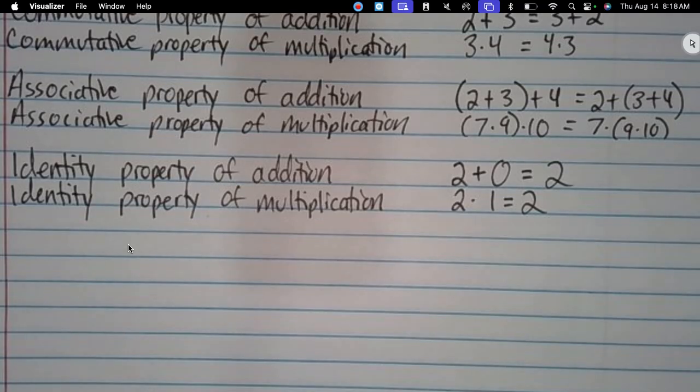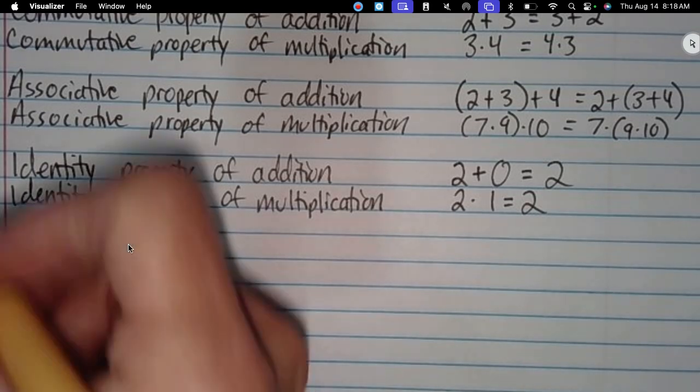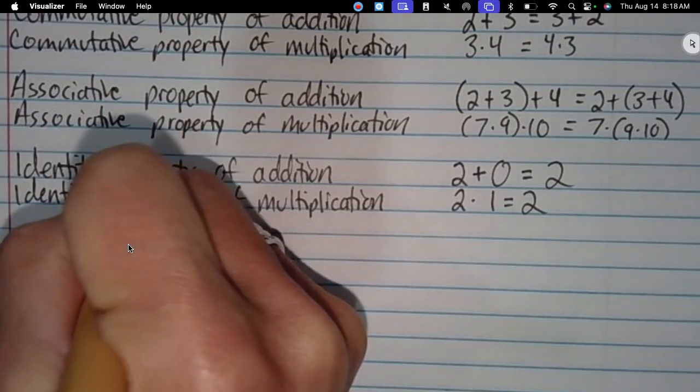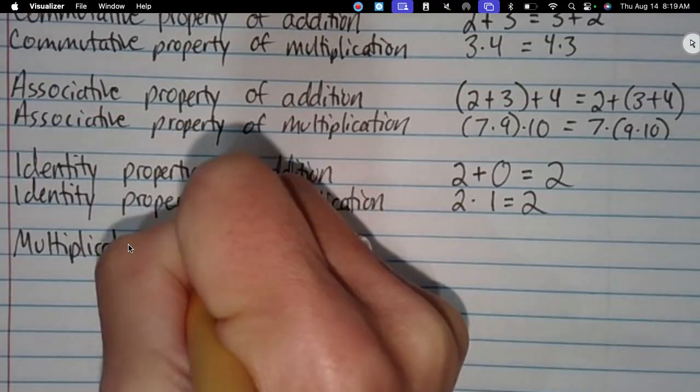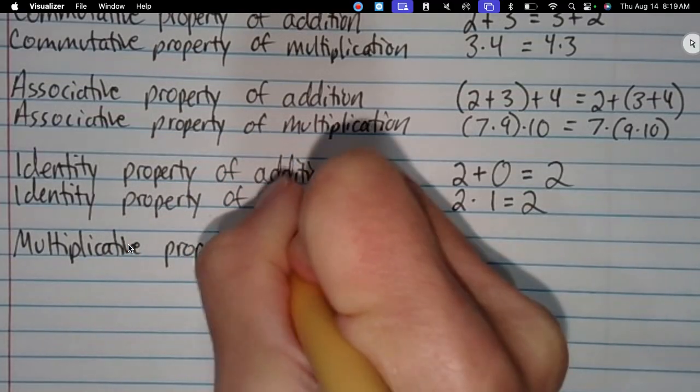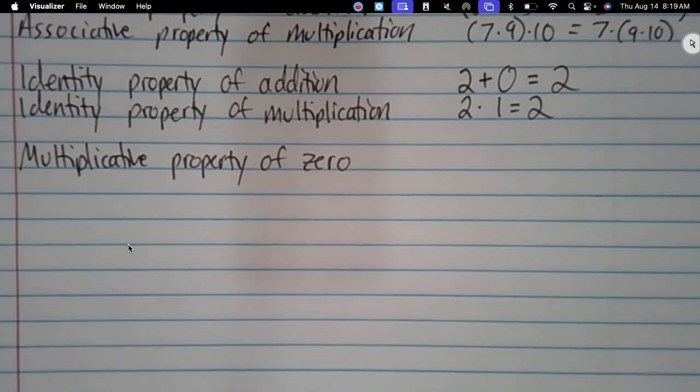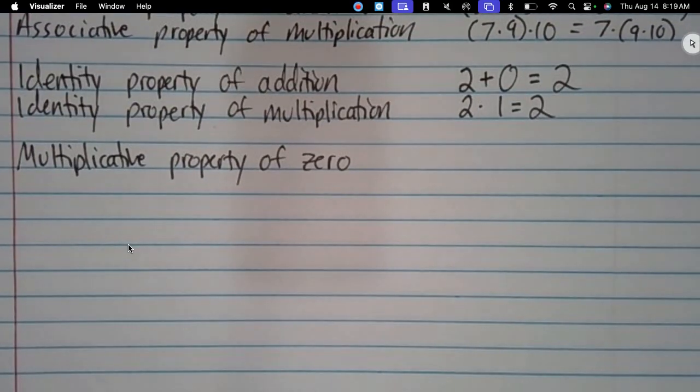I think that I've only got one left. My wording is a little bit different than theirs, but it's fine. Multiplicative property of 0. It's kind of a fancy word. So let's see what these words are. What word is in multiplicative? Multiply.